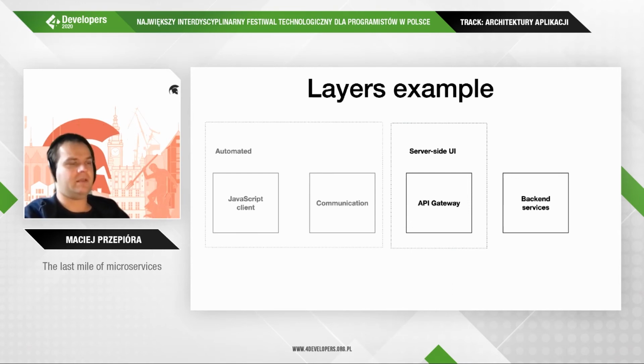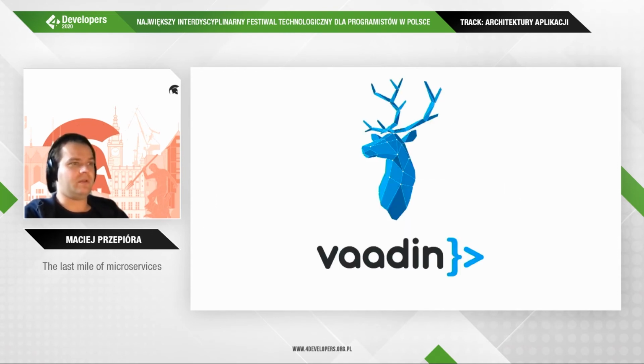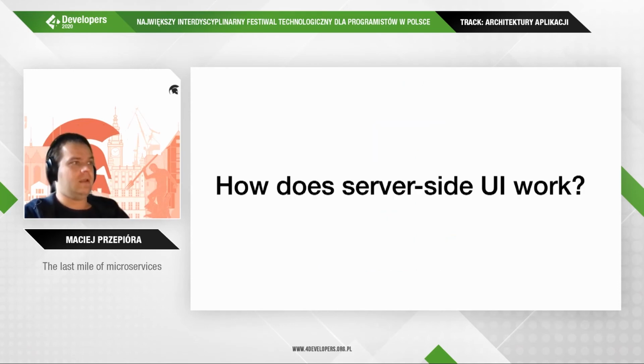It hides all the complexity, but it also provides the client side, the browser, or it might be a phone application, with very simple information about what should be rendered and how it should be rendered. One very common implementation of server-side UIs in the Java world is the Vaadin framework. So I wanted to present how this server-side UI would work with Vaadin.